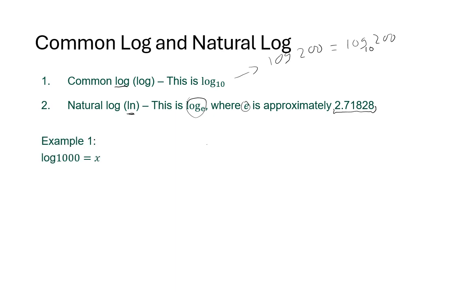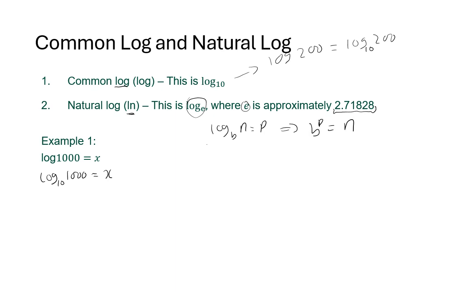The first example: you are given log 1000 equal to x. Since we don't have a base, it means log base 10 of 1000 is equal to x. And remember, whenever we have log of n with base b equal to p, this is just b raised to power p is equal to n.